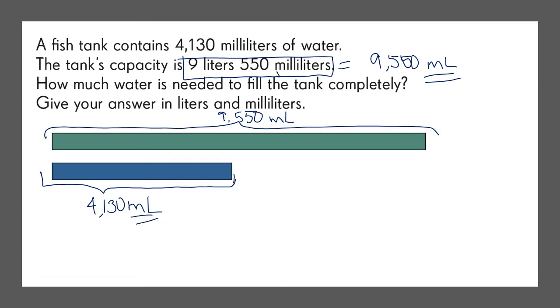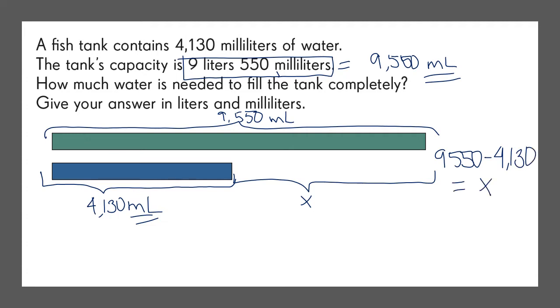And remember, this is what we're trying to solve for. Do you see that we will be doing 9,550 minus 4,130 to find what x is?